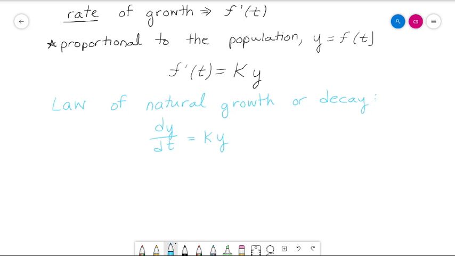And we know that there's only one function whose derivative is proportional to itself. The only equation that satisfies that is our exponential function, and we saw that when we were developing e.